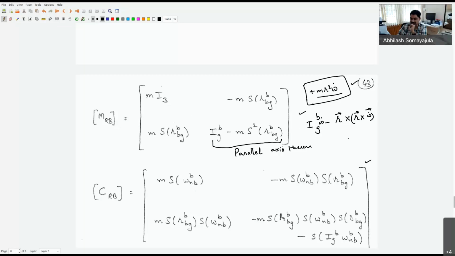You should get this value. We'll talk about this parallel axis theorem on Monday. We'll discuss this a little bit. All right. Any other queries? No other queries. I'll stop recording now.